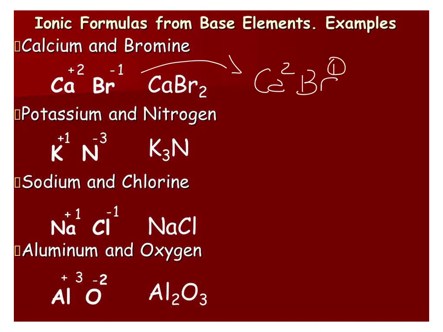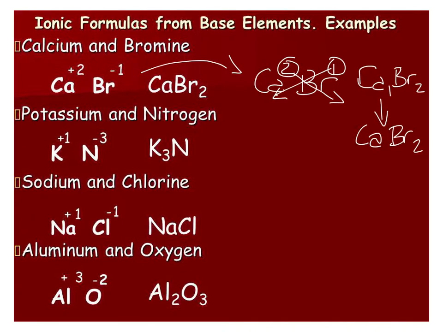Now we're doing the crisscross, so we're going to take these 2 numbers and move them down from the superscript to the opposite side for the subscript, and then we get Ca1 Br2. Now as we said in the rules, we never write the 1, so this becomes CaBr2. And there you have it. So there's how we write calcium bromide.